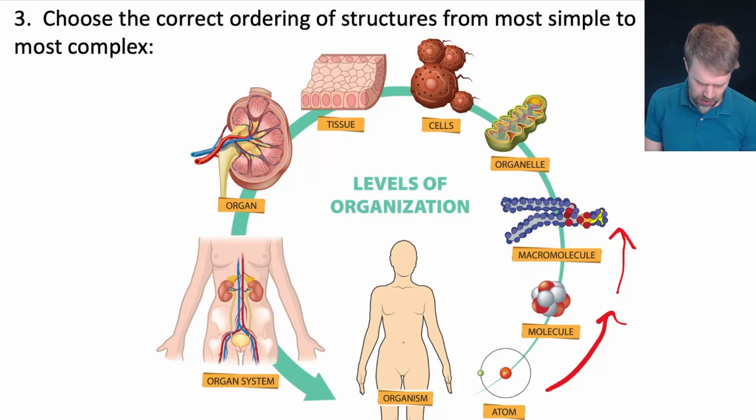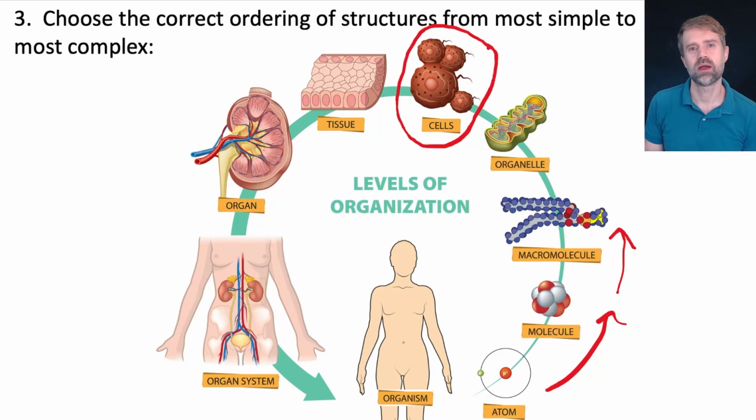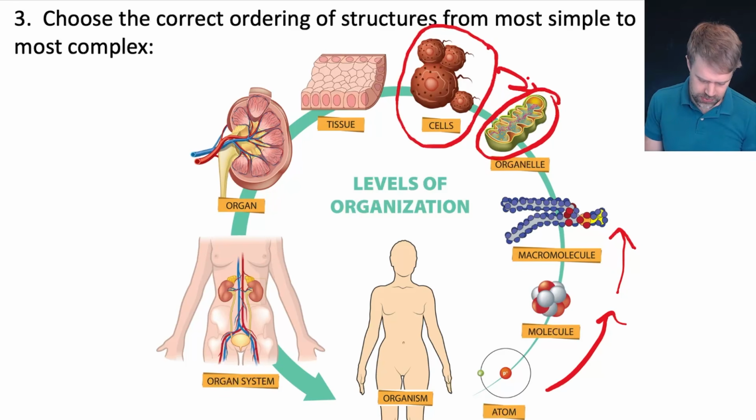But we also know that there are cells in living things, right? All living things are made of cells, okay? And compared to an atom, a cell is much bigger. Cell is made of smaller things called organelles. So it's sort of like atom, molecule, macromolecule, organelle, cell.